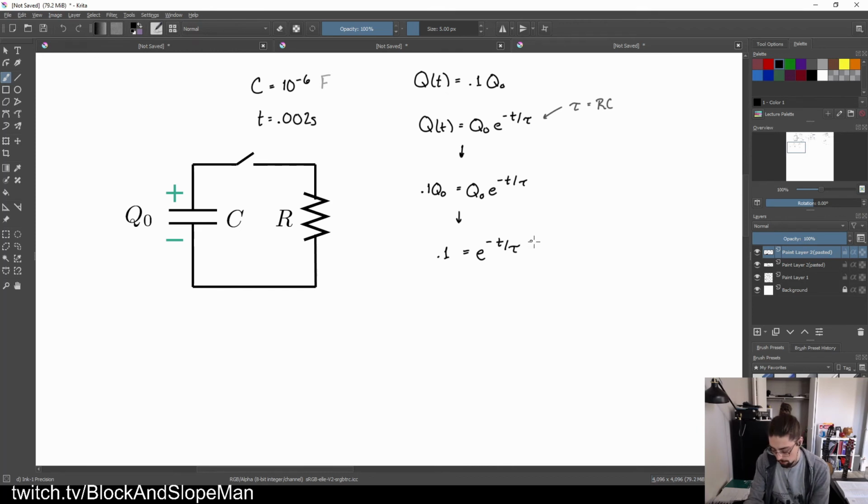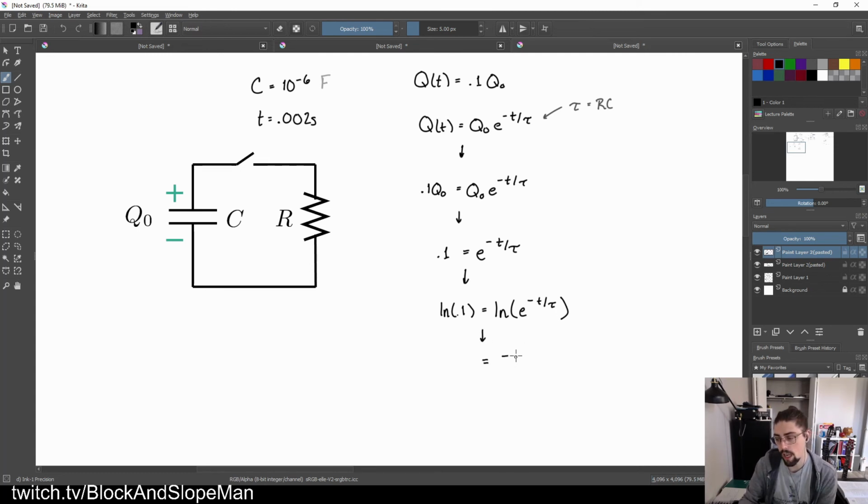Okay, well, I'm going to have a really tough time algebraically solving something that is in the exponent. So I'm going to have to take the natural log of both sides of this equation. So natural log of 0.1 is equal to the natural log of e to the negative t over tau. Anytime I take the natural log of some exponent of e, it just becomes the exponent, which is very useful, right?